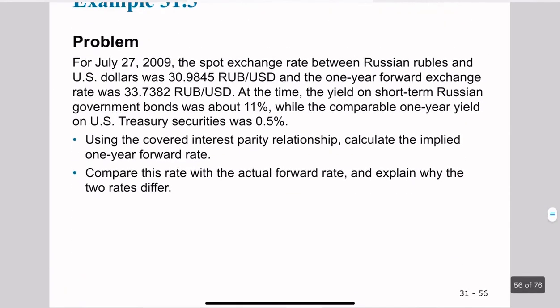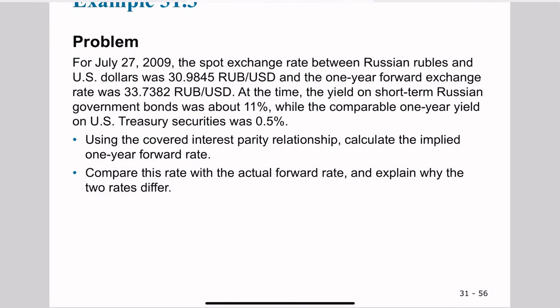Okay, now let's see an example here. For July 27, 2009, the spot exchange rate between Russian rubles and US dollars was 30.9845 ruble per USD, and the 1 year forward exchange rate was 33.7382 ruble per USD.